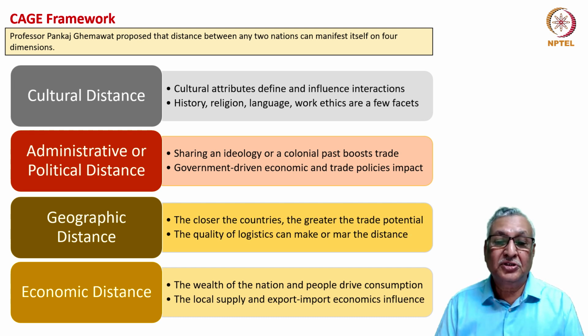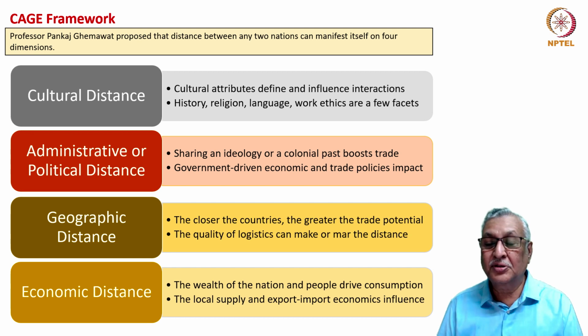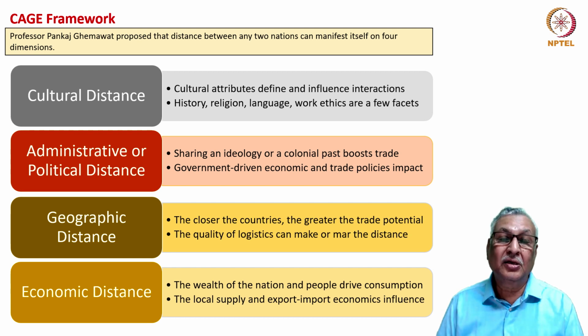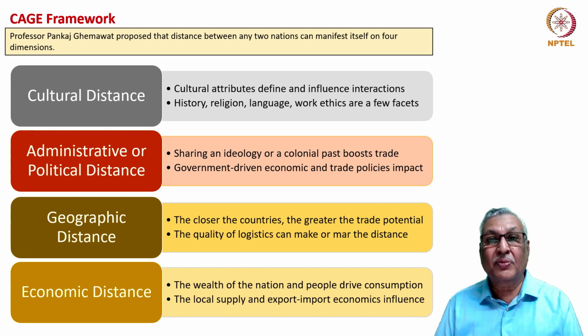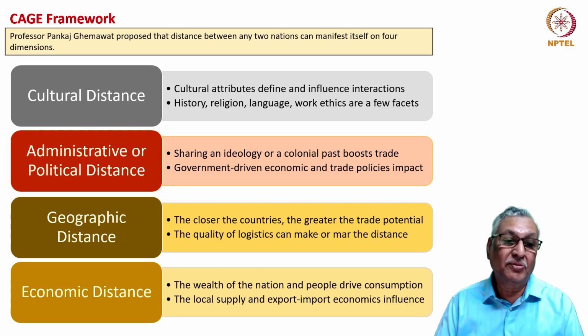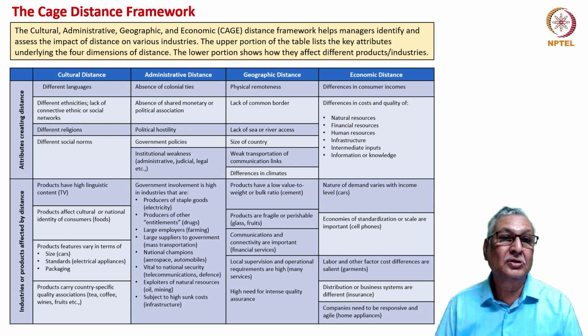The quality of logistics can make or mar the distance though. Economic distance is another very important factor. The wealth of the nation and the people drive consumption, and the greater consumption naturally attracts exports to that country. The local supply and export-import economics influence the trade between 2 countries.